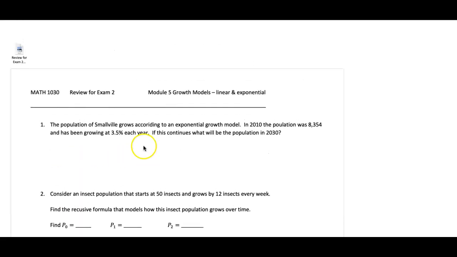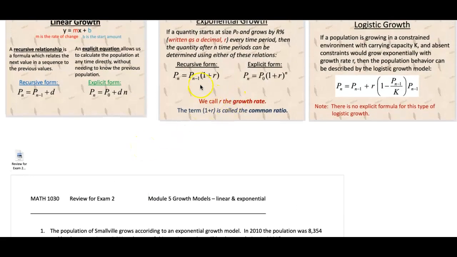Okay, so when we're looking at this, the way that we can tell if we're going to be using the recursive or the explicit form is, remember, the recursive always relates to the value, like either a previous value or the next value.